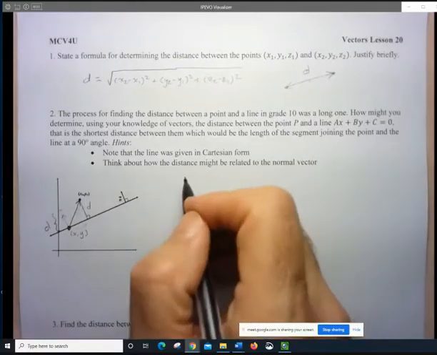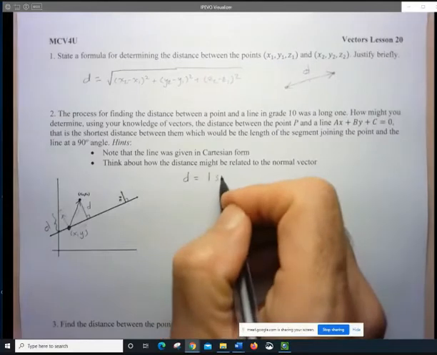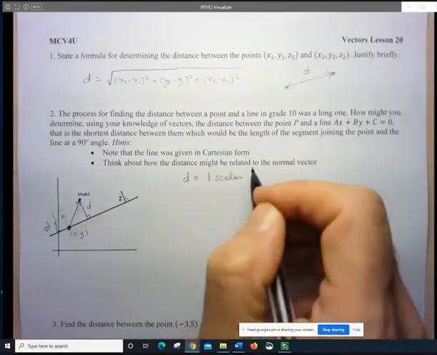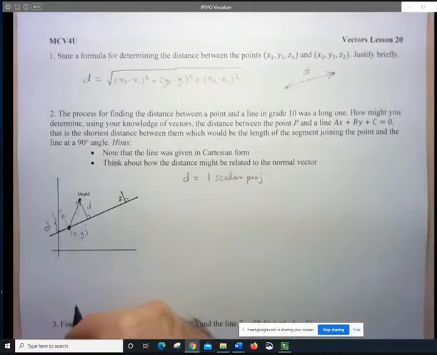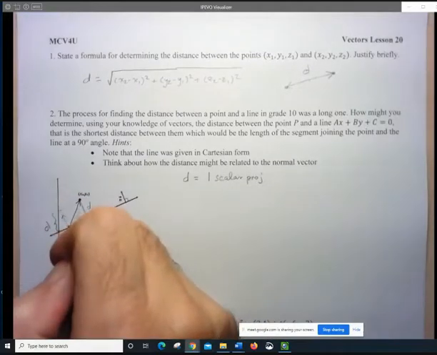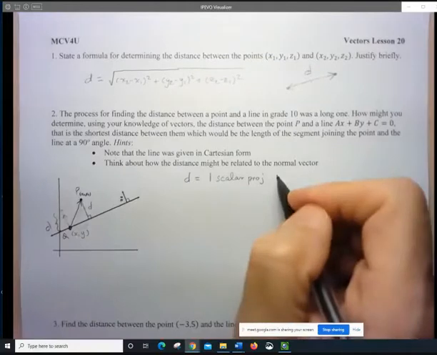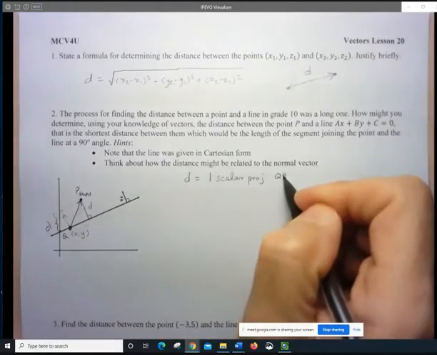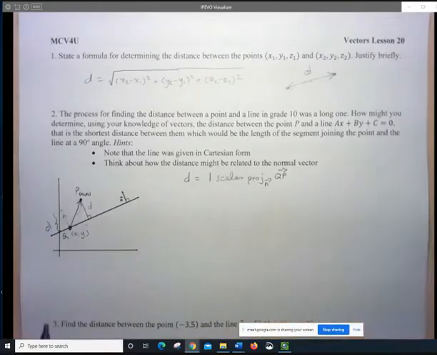In other words, the distance that I'm looking for is equal to the scalar projection of whatever this vector here is. So if I call this point Q and I call this point P, it's going to be the scalar projection of the vector QP onto the normal vector.